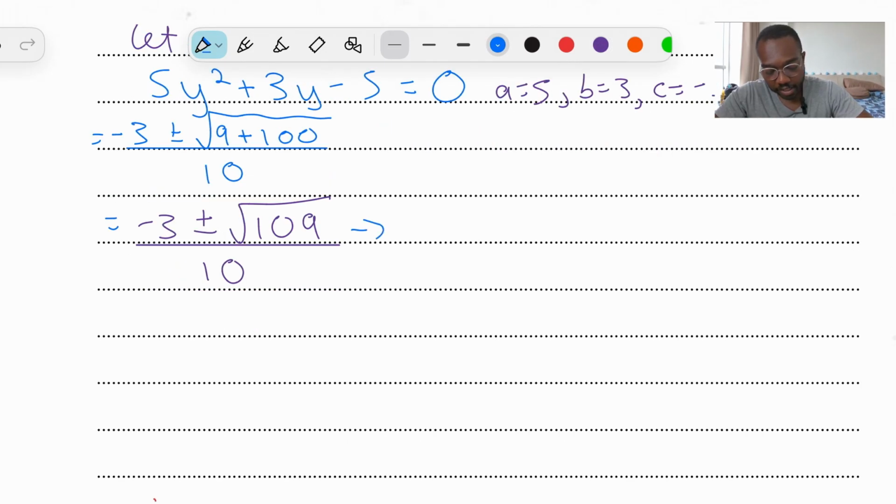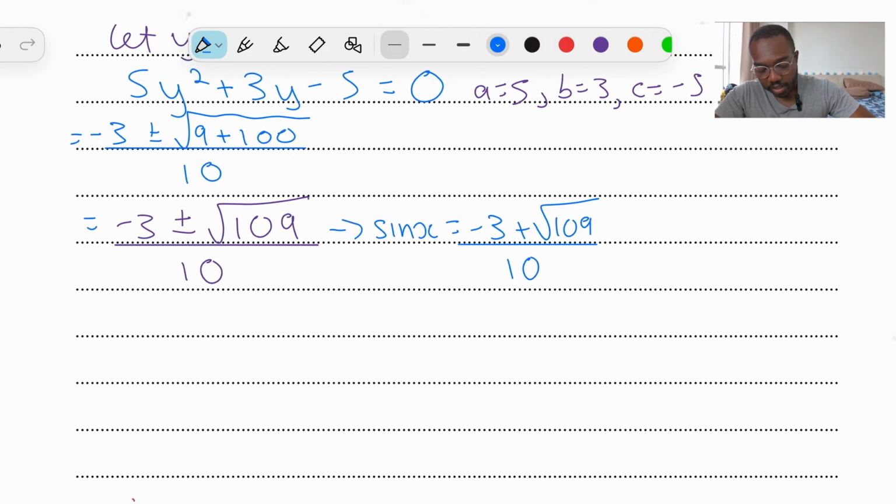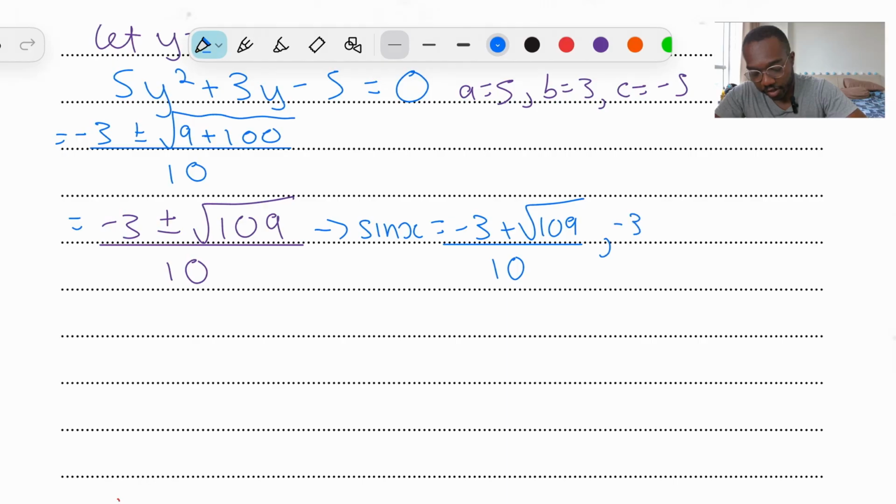Well, this means that sine x, let's put back in sine x now, must equal either minus 3 plus the square root of 109 over 10, or it equals minus 3 minus the square root of 109 over 10.